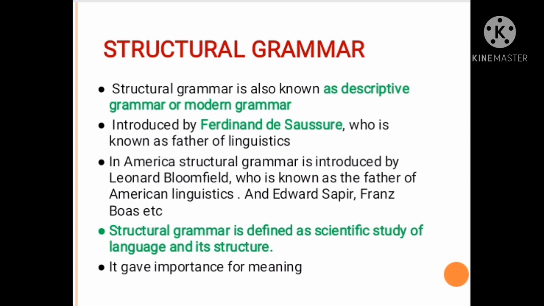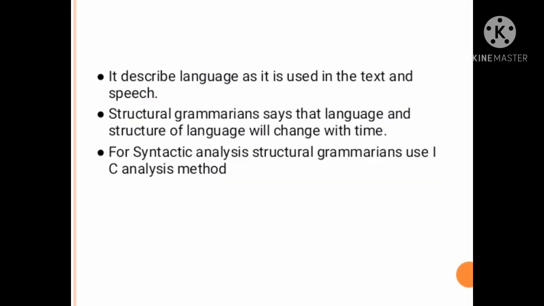Structural grammar is also known as descriptive grammar because while considering a text or a speech, structural grammarians describe the language as it is used in the text or speech. That's why structural grammar is also known as descriptive grammar. Unlike traditional grammarians, structural grammarians believe that language undergoes changes.